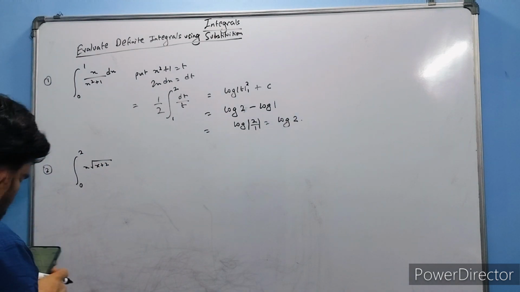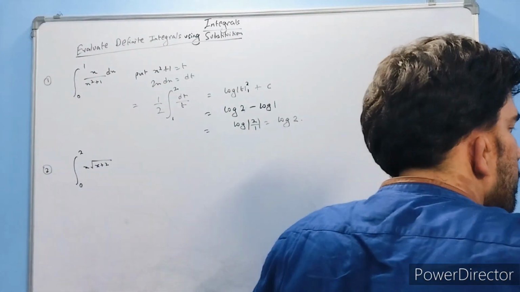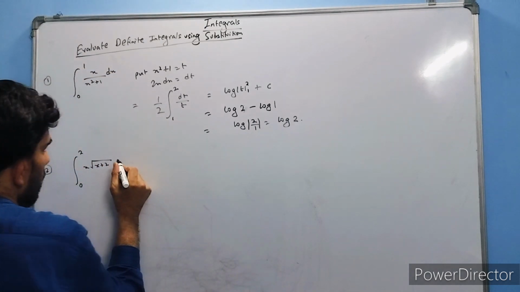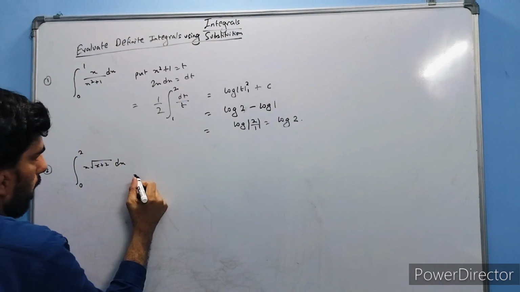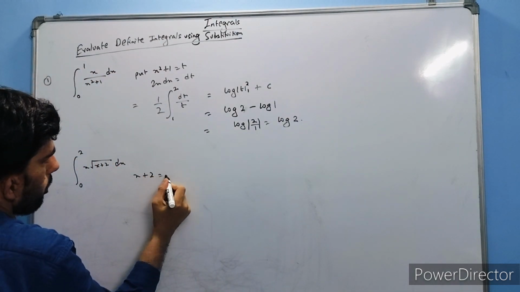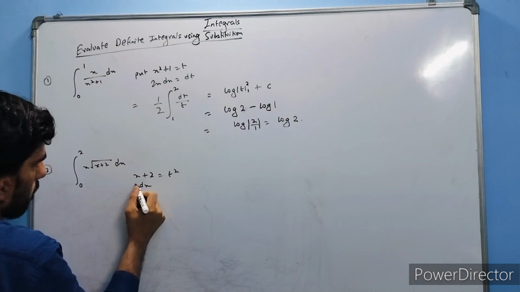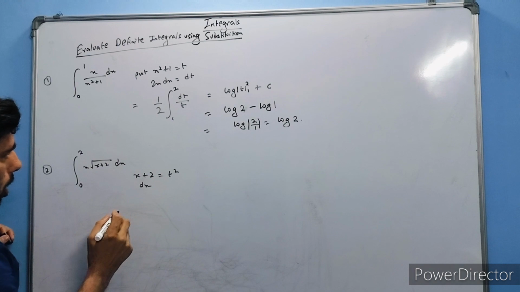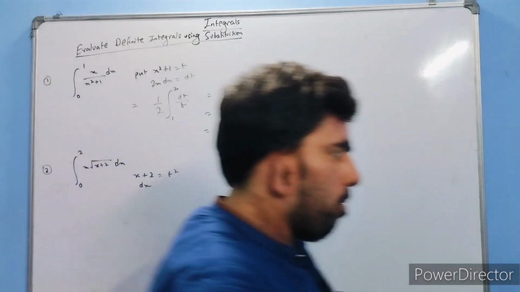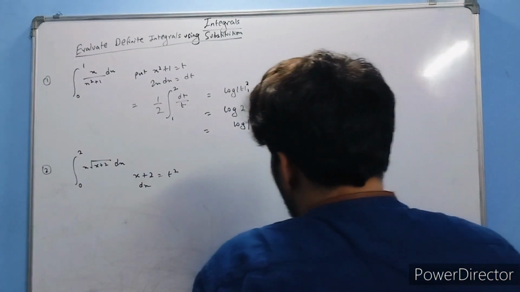Okay, now we'll see. Now we'll put x plus 2 equal to t square, so that, wait, we have to see what they have given.